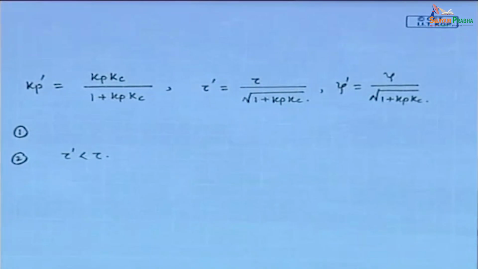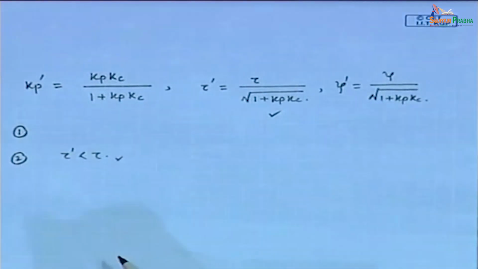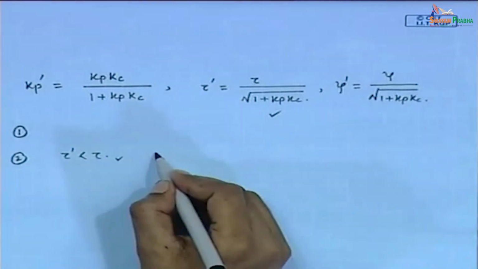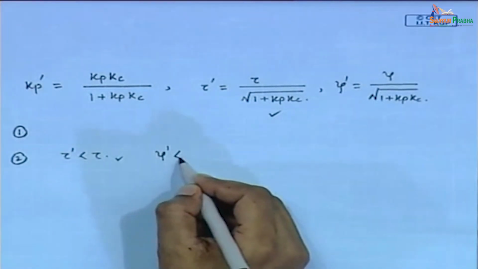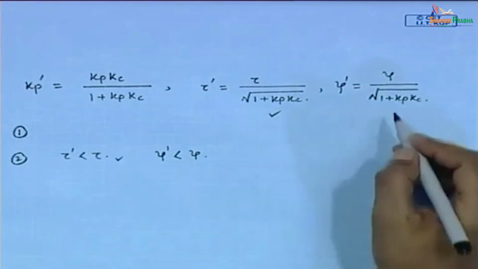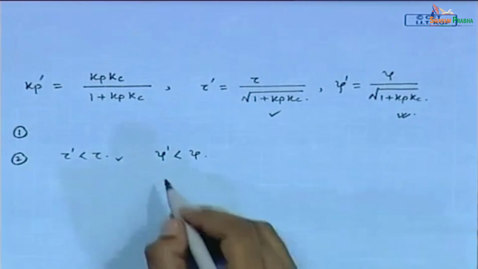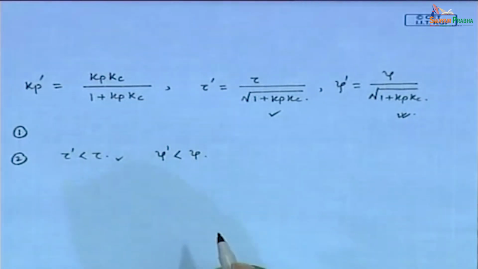If we see the expression of tau prime, we can say that tau prime is less than tau. Similarly, zeta prime is less than zeta.